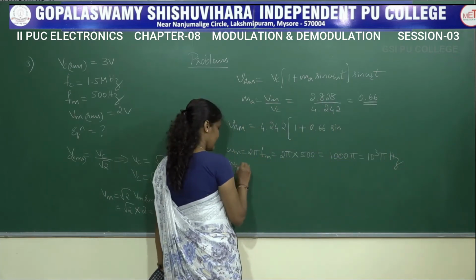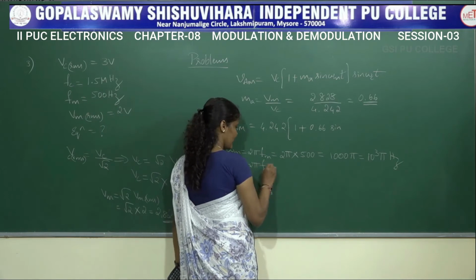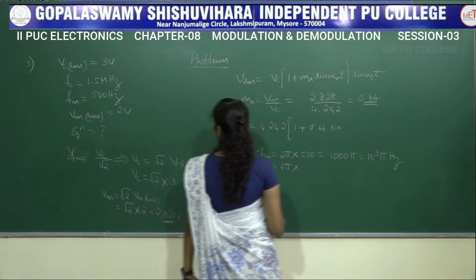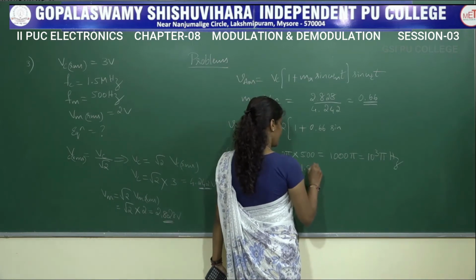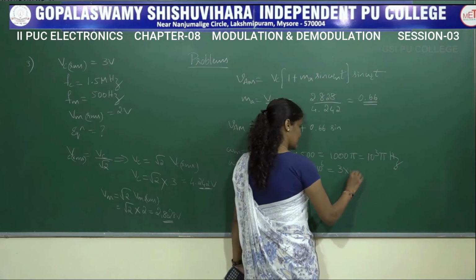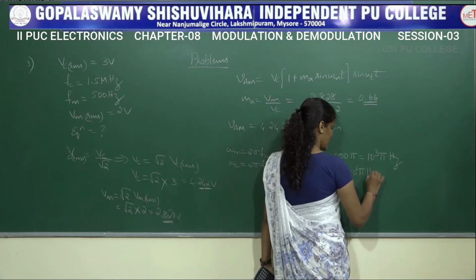Similarly omega c equals 2 pi fc, which is equal to 2 pi, fc value is 1.5 into 10 to the power of 6. So which is equal to 3 into 10 to the power of 6 pi hertz.